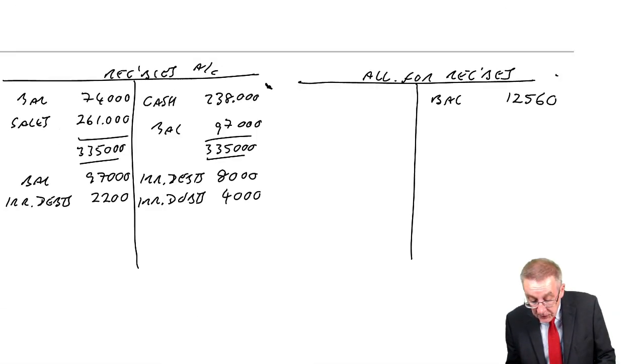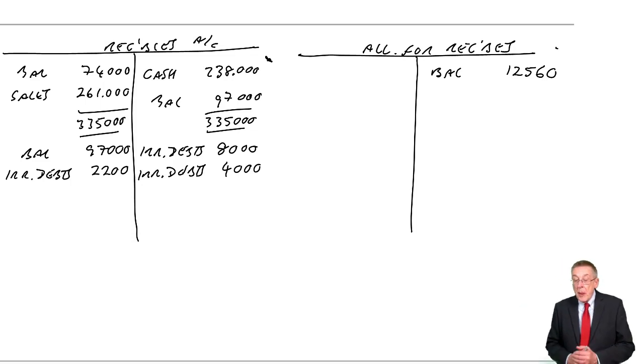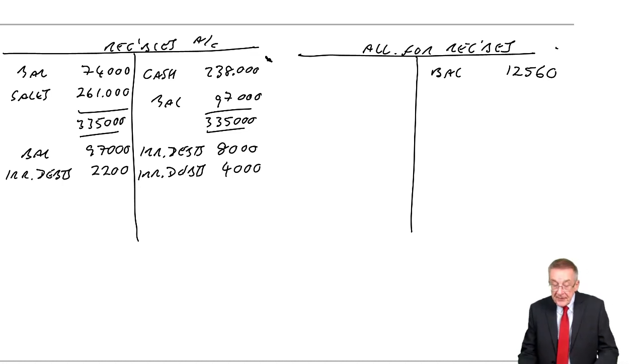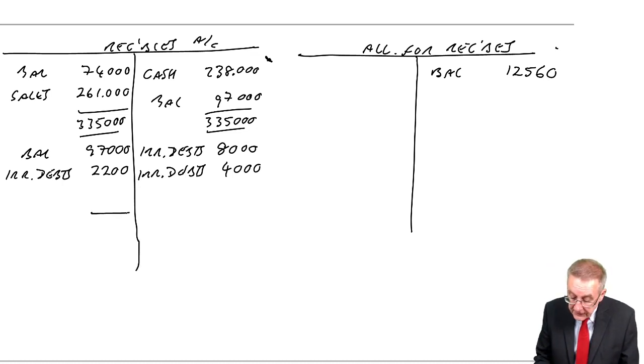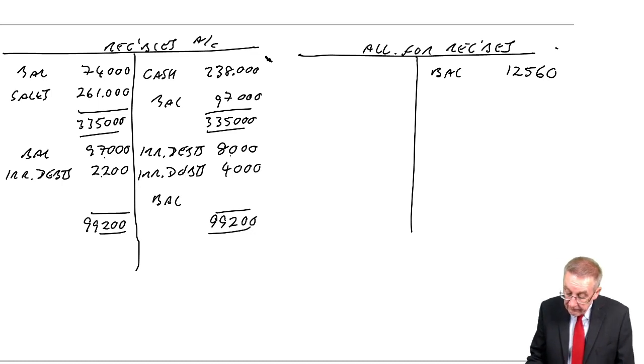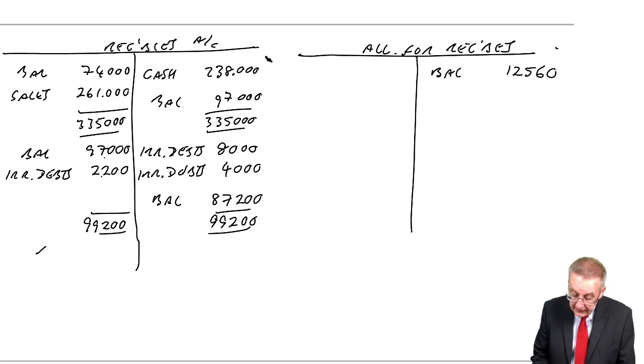So I have now sorted out the receivables. We corrected the bookkeeper's mistake and we've removed 2 receivables. And so the final balance on receivables, the debit side, 99,200. The missing figure, therefore, the balance, 812,87,200. I hope my arithmetic's right.